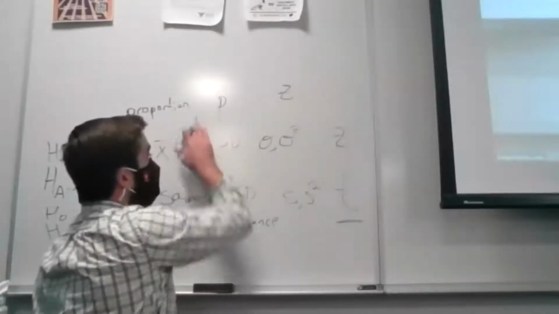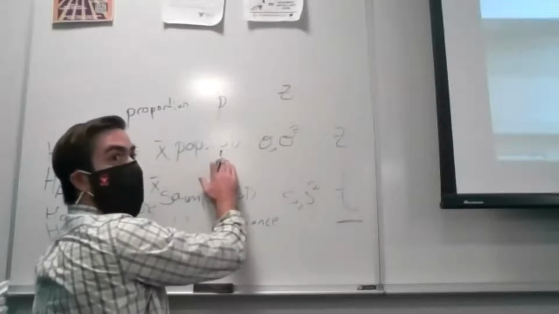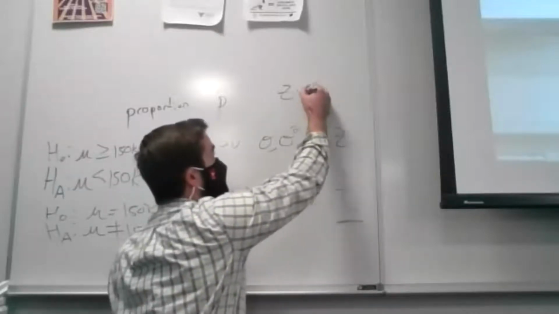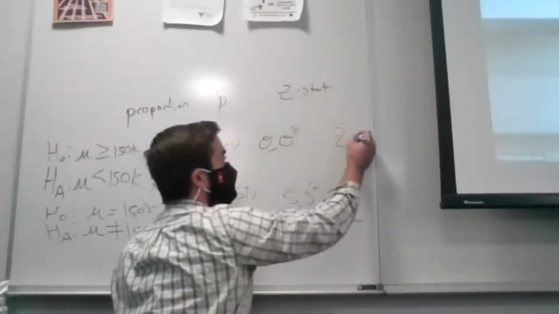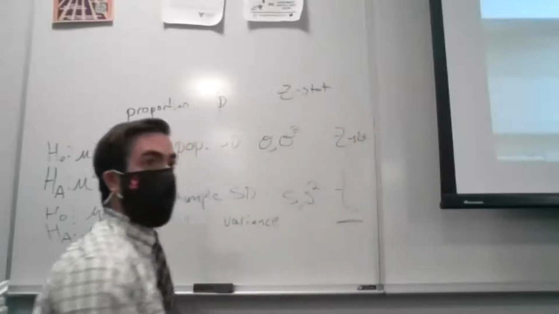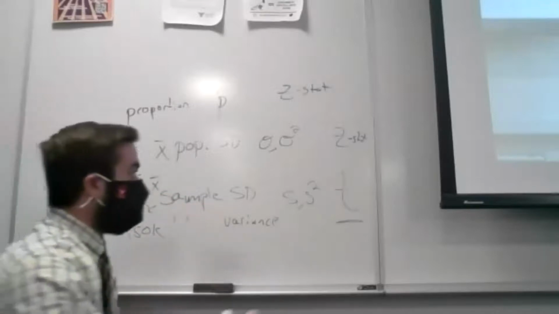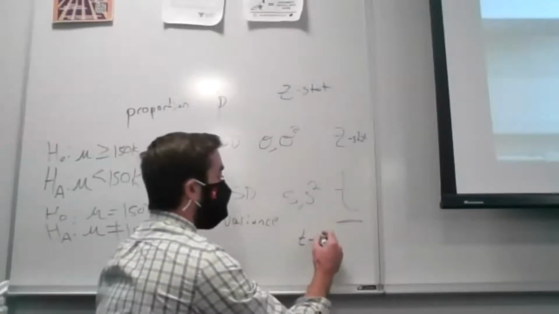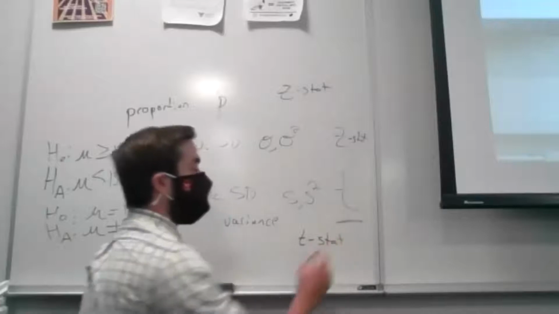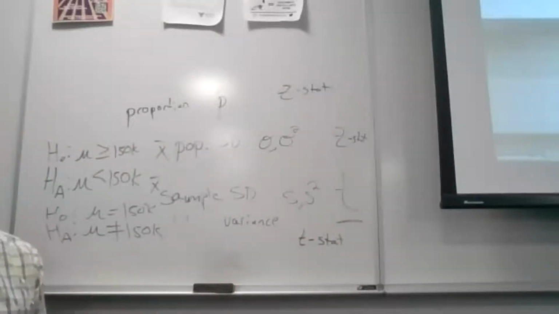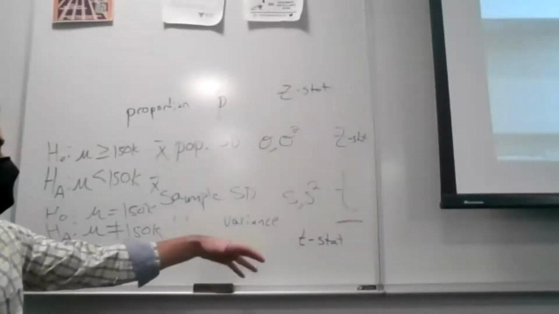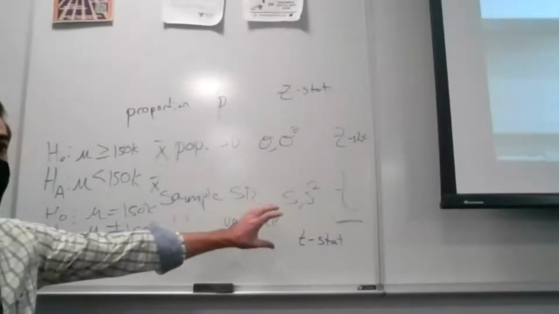For the proportion, or a sample mean where we know the population standard deviation, we're dealing with that standard normal distribution, so our test statistics will be z-statistics. If we only have a sample standard deviation with a sample mean, we're using the student t-distribution, so our test statistic is a t-statistic because it comes from a student t-distribution.